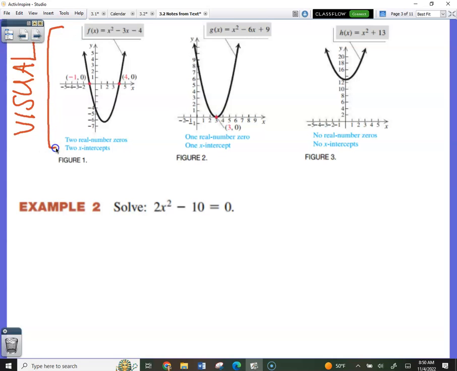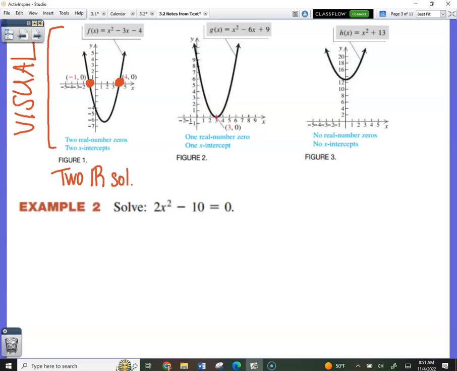This is a visual of the 3 different scenarios when you're solving quadratics. If it's crossing the x-axis in 2 places, then you have 2 real solutions, meaning 2 x-intercepts.